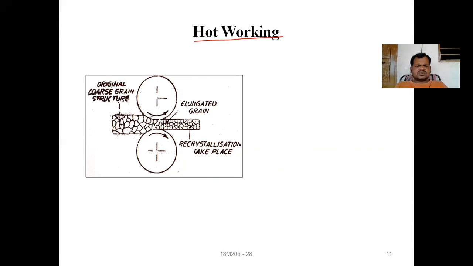After the hot working process, we get elongated grains and recrystallization takes place. This side is before hot working and this side is after hot working, so we get a different structure before and after.